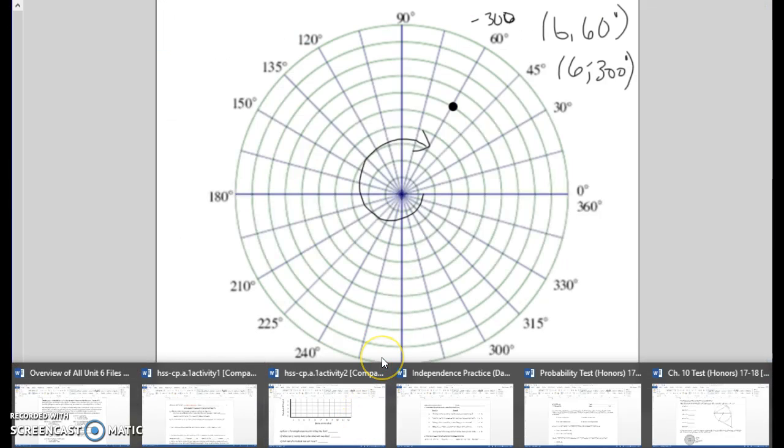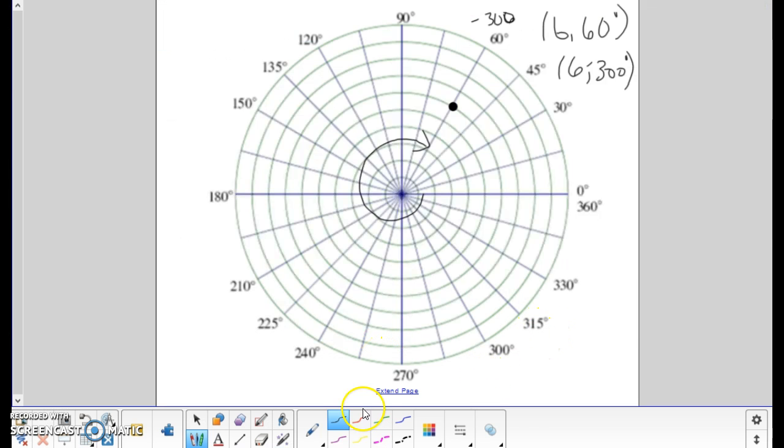Now, if we want to do it with a negative radius, that means we're going to walk backwards. That means we have to face the opposite way. So we're going to be facing this 240 degree angle, which means our radius is going to be -6. We're going to walk 6 in the negative direction, right?